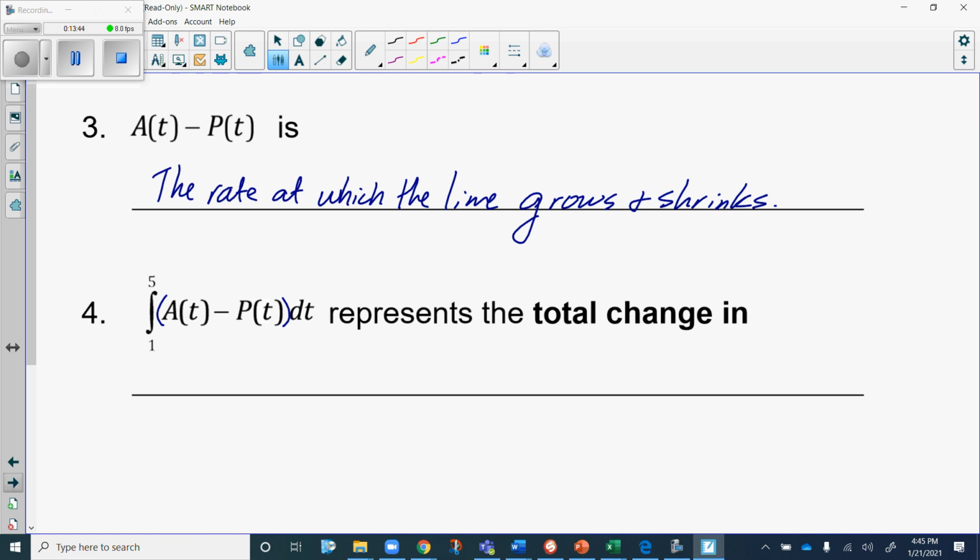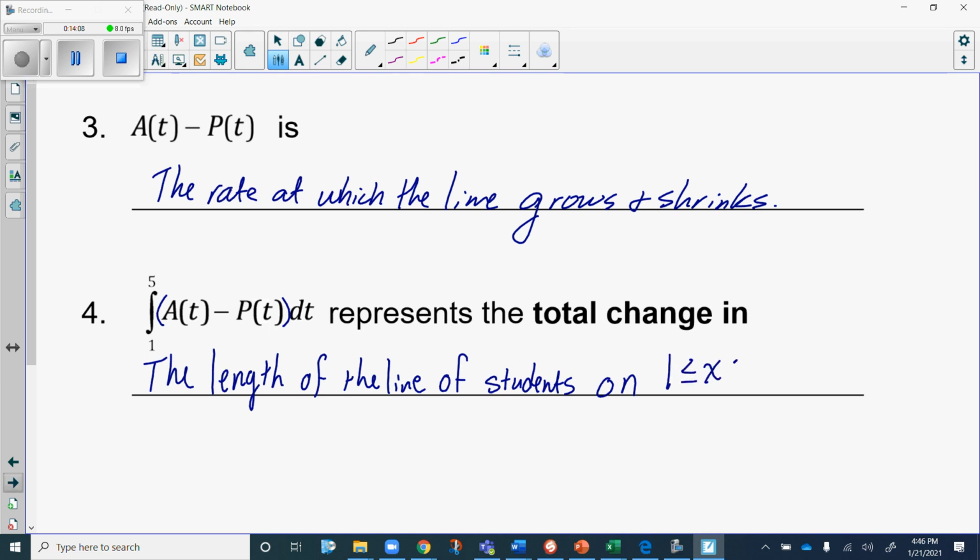The length of the line of students, in this case, on the interval from 1 minute to 5 minutes.